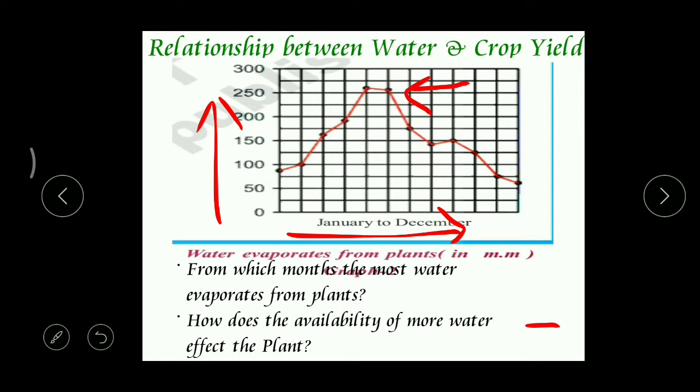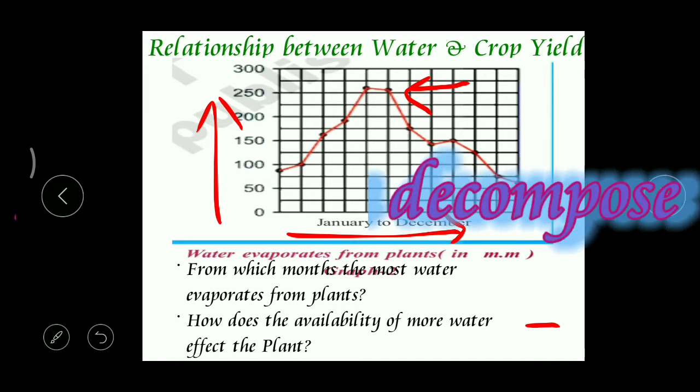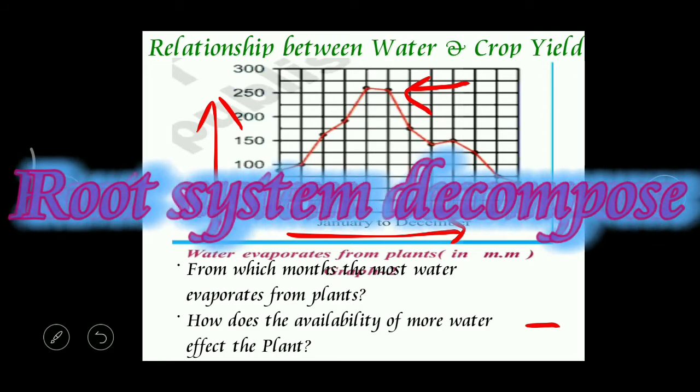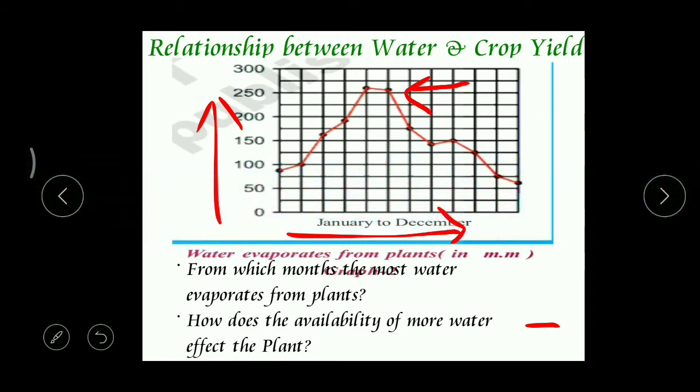Then the roots are unable to respire, and they cannot get their gases. So they cannot release energy, and that's why they simply die. The root system will be totally destroyed, and when the root system is destroyed, automatically the plant also dies.